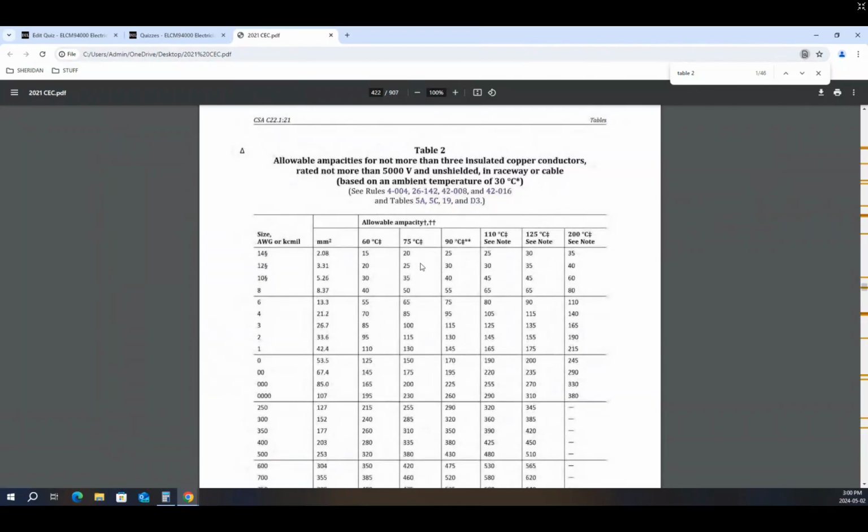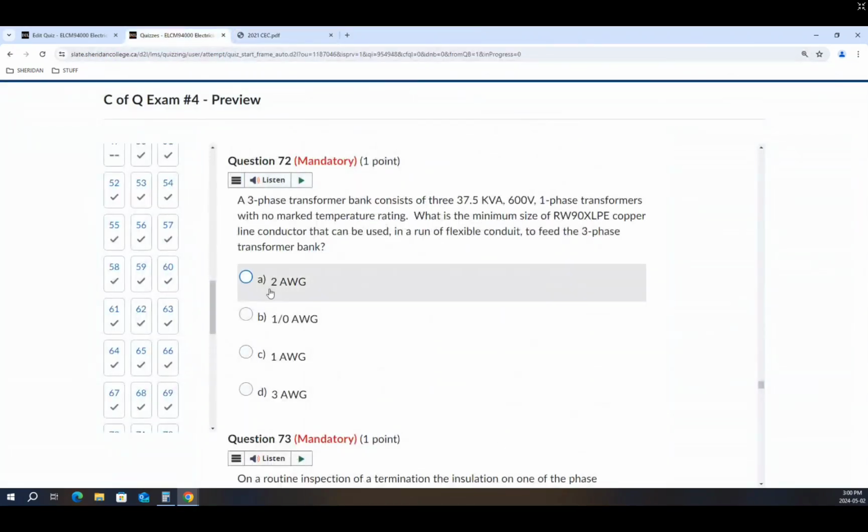So my 75 degree column, and I'm looking for 135. And again, we're just over the 1, so we're going to the 1-aught. So it's going to be the 1-aught.